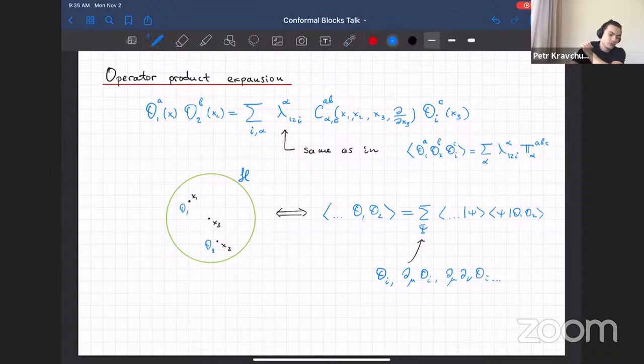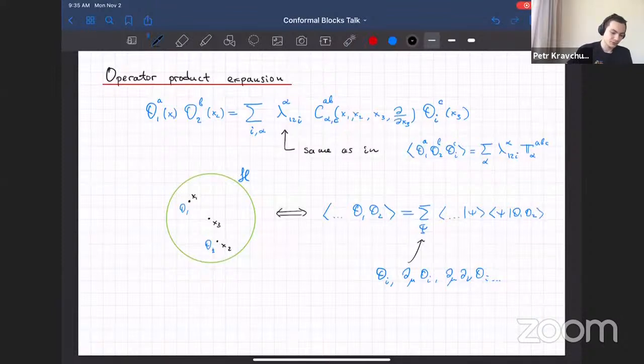The usual quantization is what's related by exponentiation: the quantization on the cylinder and the radial quantization on the plane.